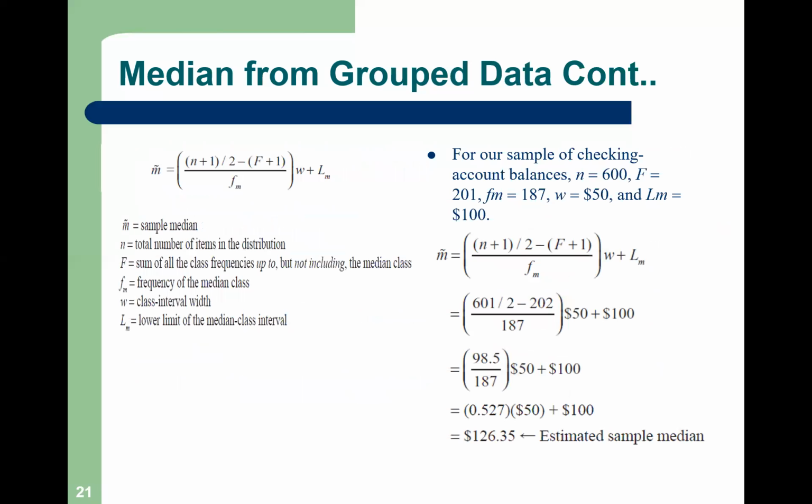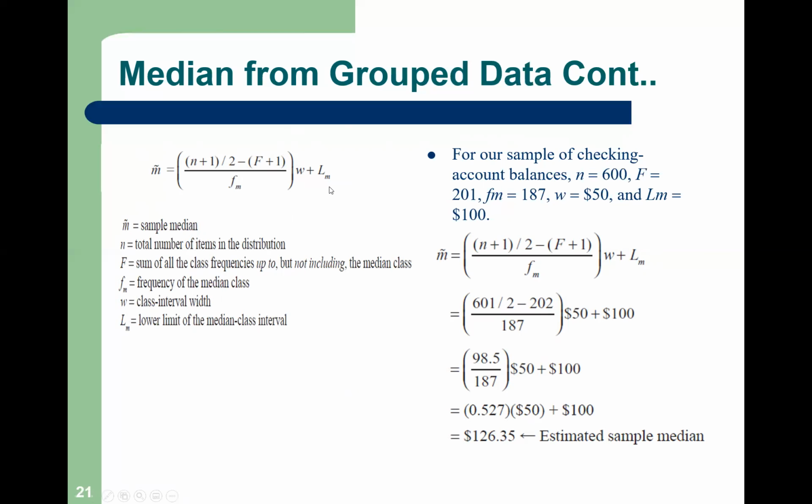Now we move further. What is the formula? When we find the median class, we use this formula on the left side of this slide: (n plus 1 divided by 2 minus F) divided by Fm, multiplied by W, plus Lm.